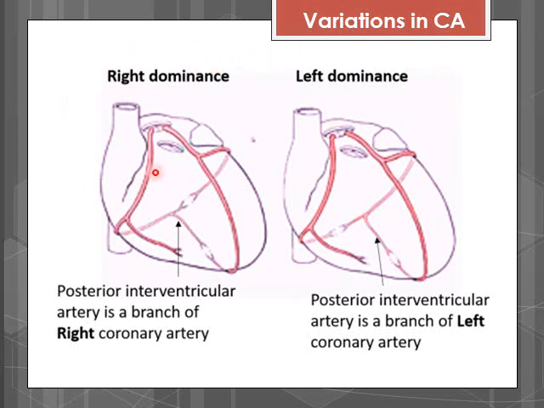In right dominance, the posterior interventricular artery arises as a branch from the right coronary, and this occurs in most individuals, about 90% of individuals. In the left dominance, the posterior interventricular artery arises as a branch of the circumflex artery, from the left coronary, and this occurs only in 10% of individuals.